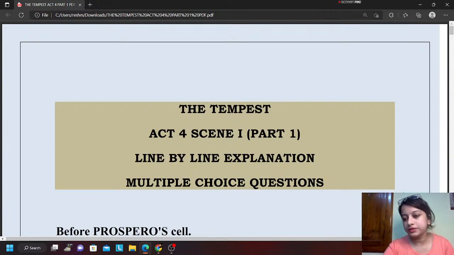Is the screen completely visible? Please let me know over here so that without any delay we can start.